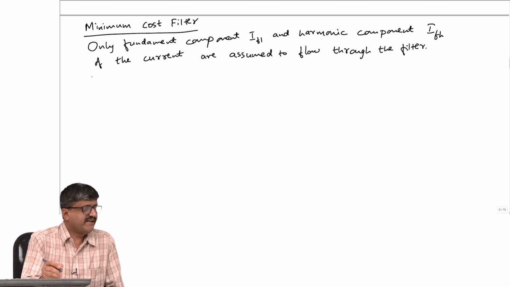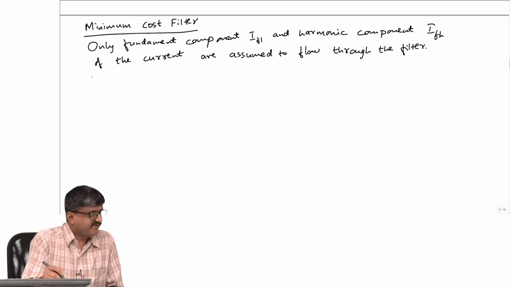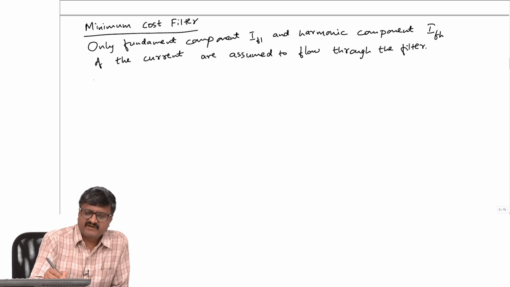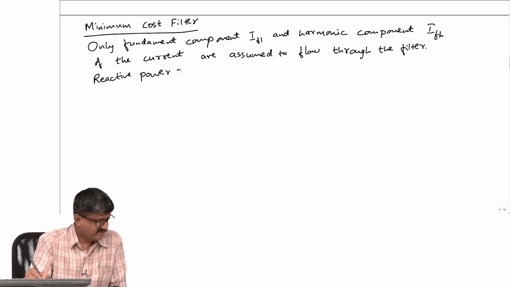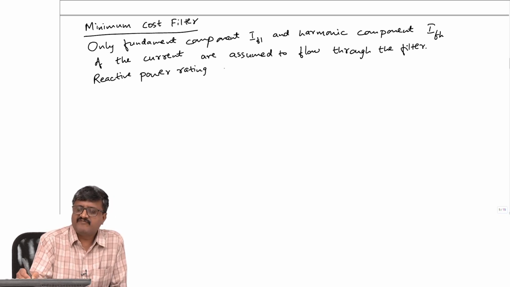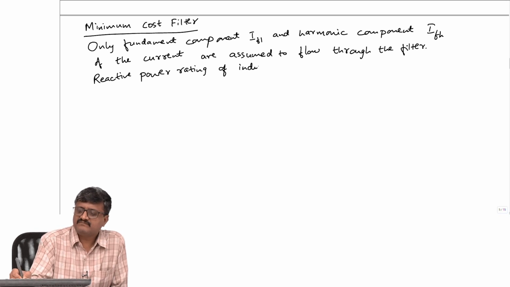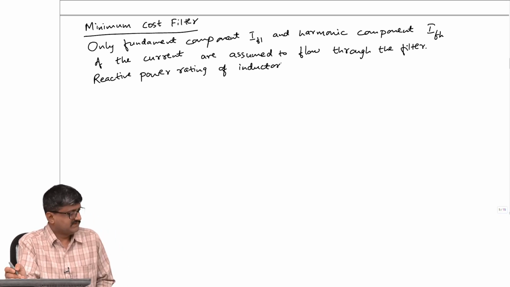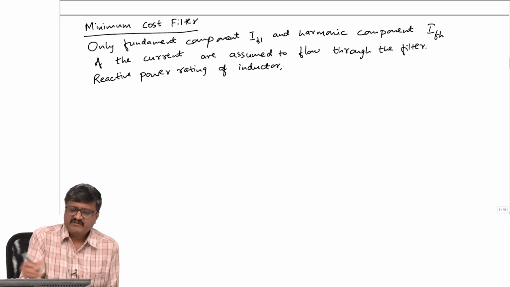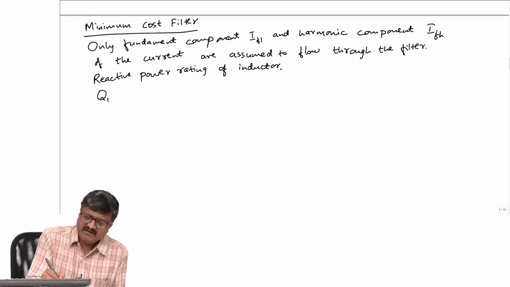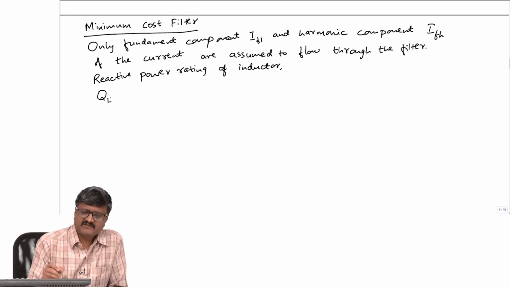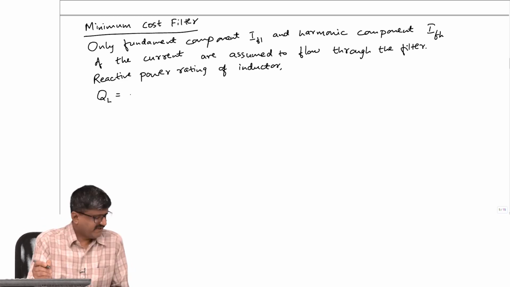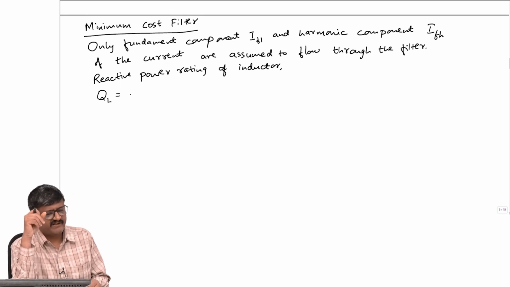So, let us try to take the reactive power rating of the inductor and capacitor separately. Reactive power rating of inductor, I will use a notation for this, QL, L for inductor. Okay. So, can I get an expression for the reactive power rating?